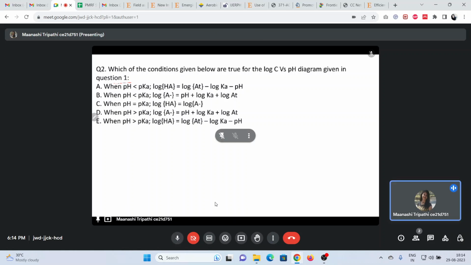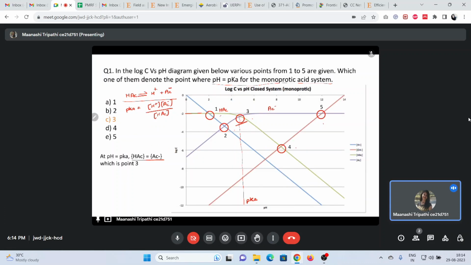We'll see the solution now. The solution is B, C and E. When pH is equal to pKa, we have seen this, right? Then when pH is less than pKa, what happened? We have to write the equation for when pH is less than pKa. We are talking about any of these points.